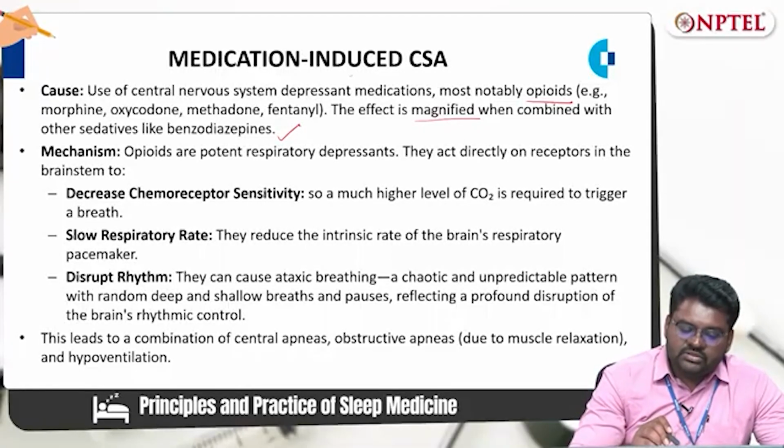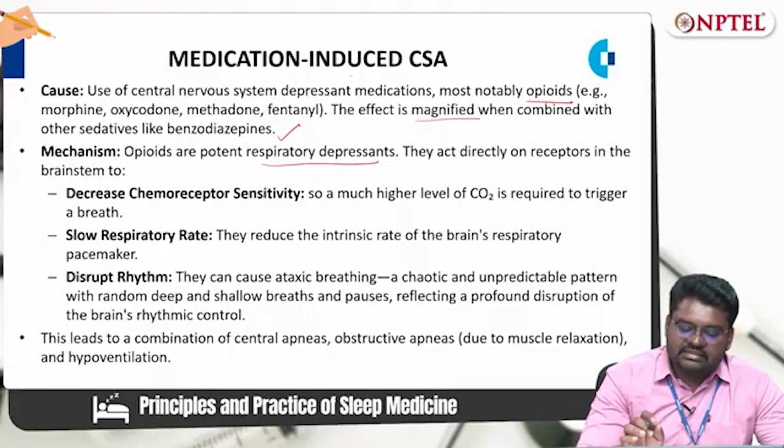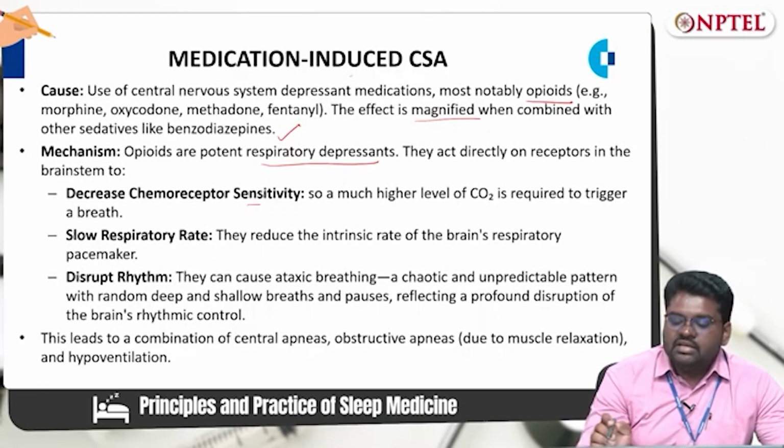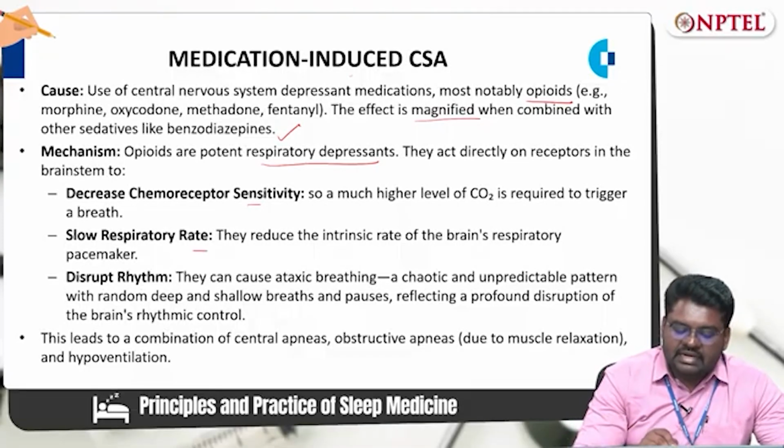What do these opioids do? Opioids are potent respiratory depressants. They act directly on receptors in the brainstem. So they decrease the chemoreceptor sensitivity, so a higher level of carbon dioxide will go unnoticed. Then they slow the respiratory rate.